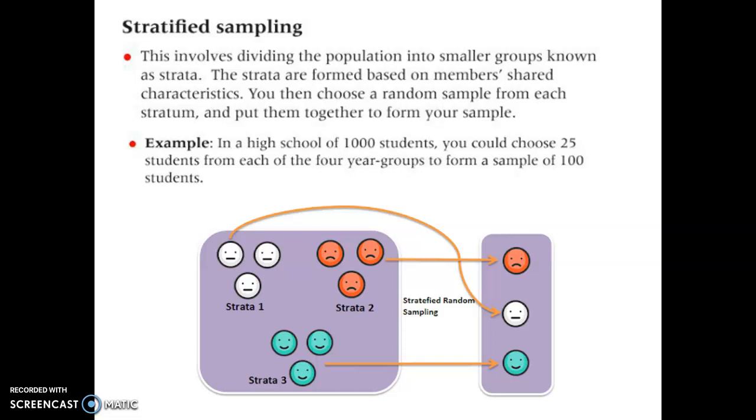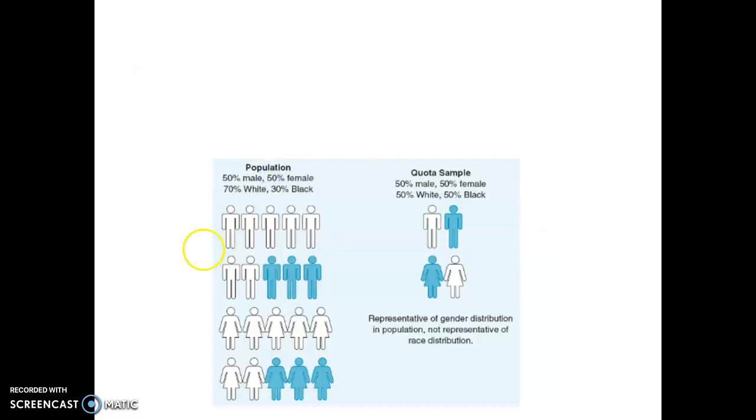Okay, I think we're ready for our last sampling technique. This is called quota sampling. Quota sampling is very much like stratified sampling, except that when we break the population down into subgroups, we then say we want our sample to represent the same proportion as each subgroup is of the main population.